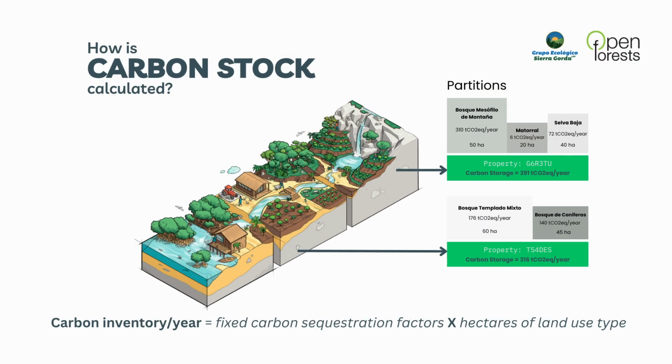In addition to the factors, there's also on-the-ground monitoring for sample plots available to prove the accuracy of these calculations. So different properties with different land use types have a certain carbon storage potential per year that can be calculated.